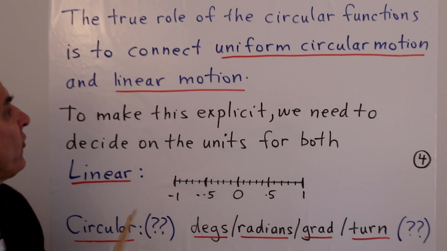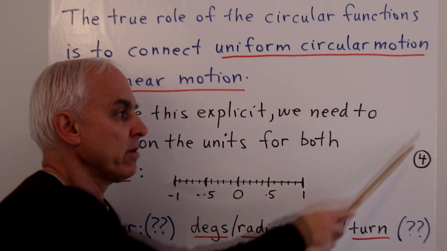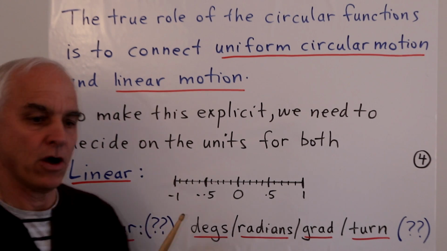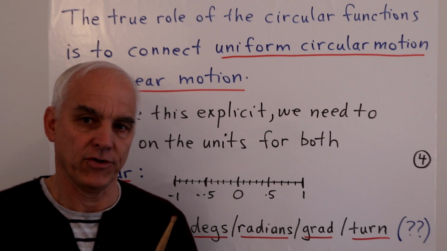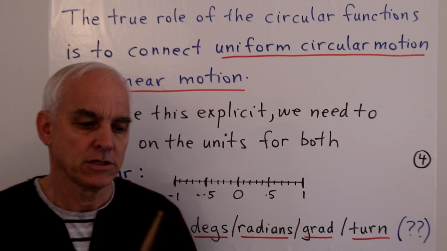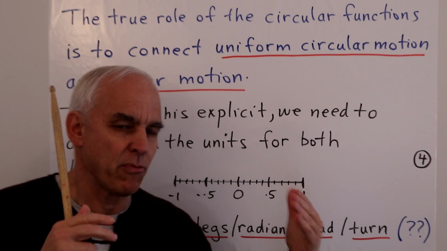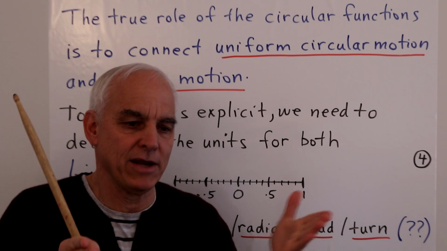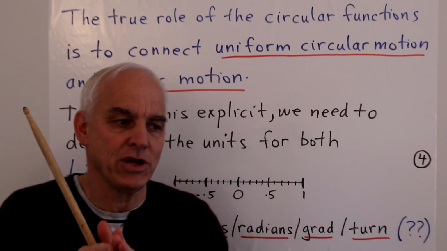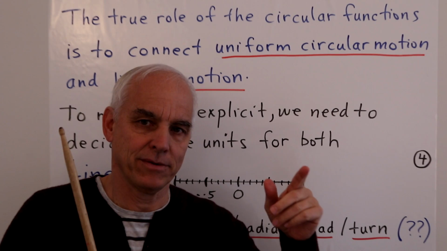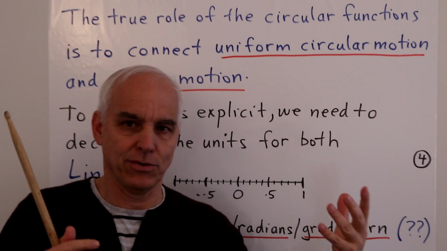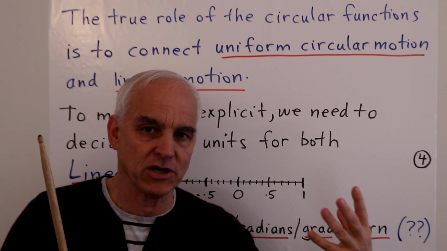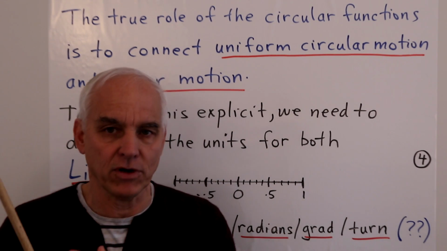It really is to connect uniform circular motion around a circle to linear motion of the x and y coordinates of that point. So the circular functions are bridging an important distinction between linear motion and circular motion. They're connecting these two. They're allowing you to translate from one to the other, or take information from one of those scenarios and convert it to the other.